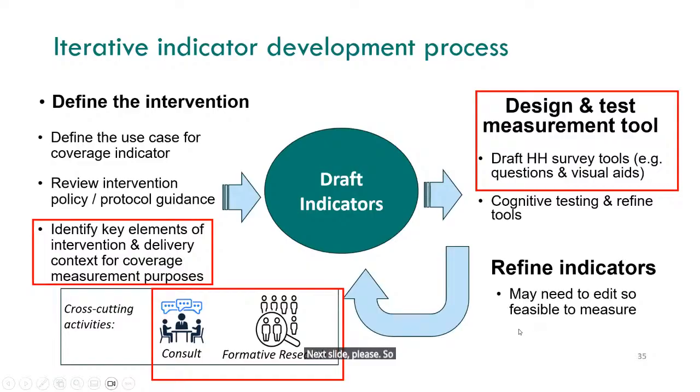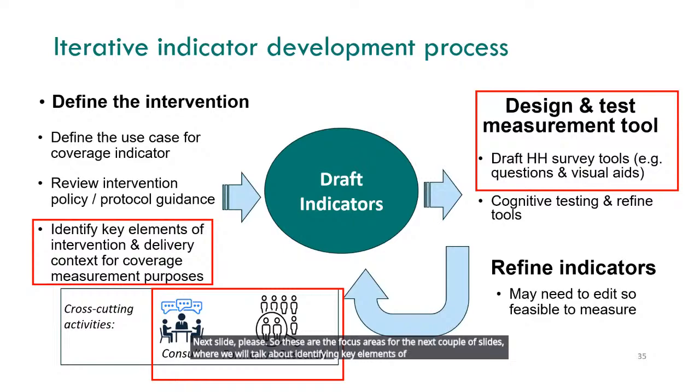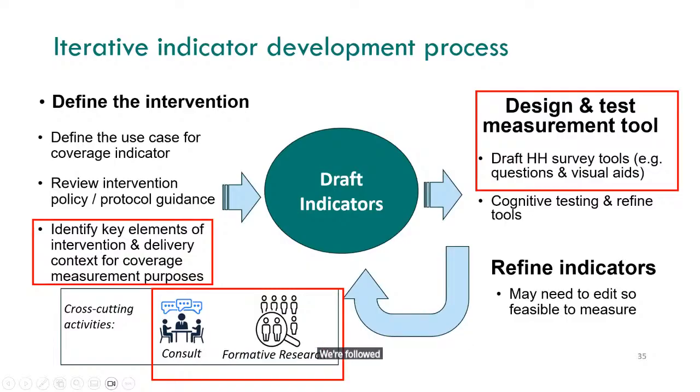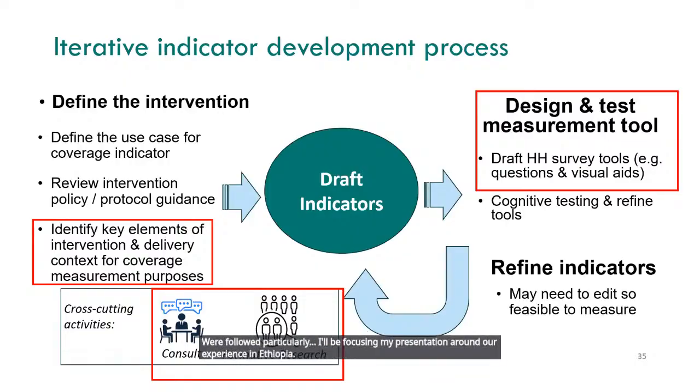So these are the focus areas for the next couple of slides, where we will talk about identifying key elements of the intervention and what consultative processes were followed. Particularly, I will be focusing my presentation around our experience in Ethiopia. Next slide, please.